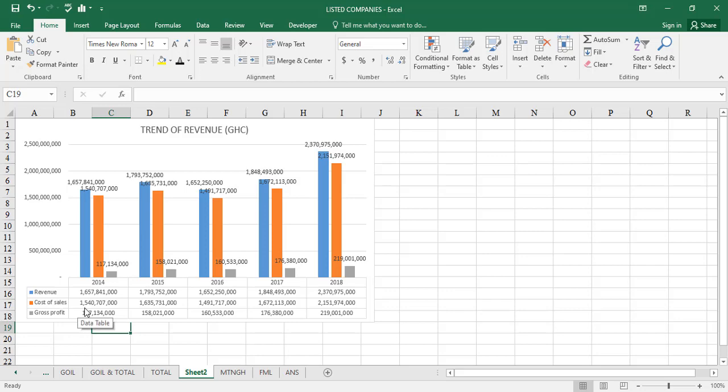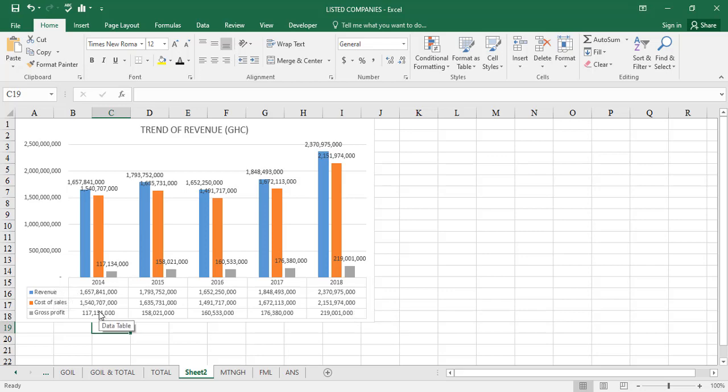Looking at the cost of sales trend, from 1.5 billion as against the revenue of 1.6 billion in 2014, it has also been appreciating from 1.5 billion in 2014 to 2.1 billion in 2018, with the least amount being 2016, where it declined from 1.6 billion in 2015 to 1.5 billion in 2016. As the revenue is increasing, the cost of sales is also increasing, because that is the main ingredient which helps you to raise the revenue.